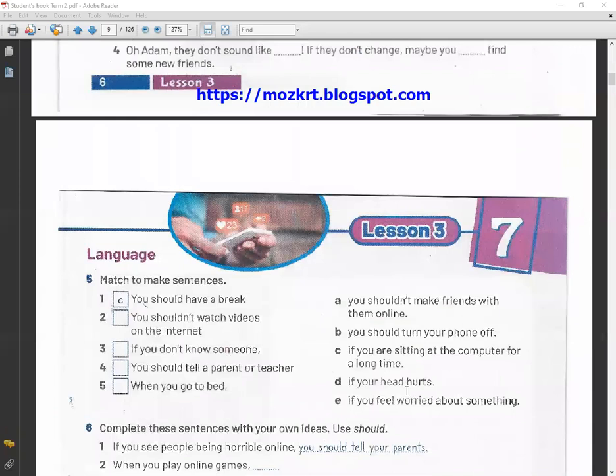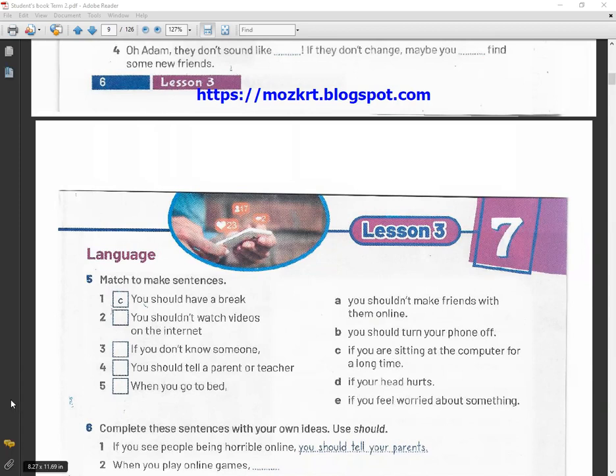Here in the language exercise, part 2, lesson 3, match to make sentences. Number 1 is done for you. Number 2, you shouldn't watch videos online if your head hurts. It's D. 3, if you don't know someone, you shouldn't make friends with them online.